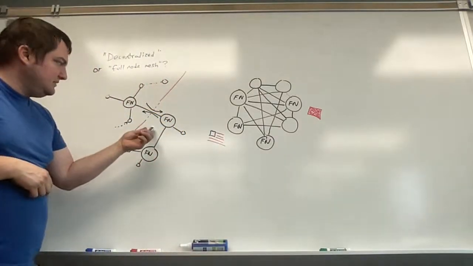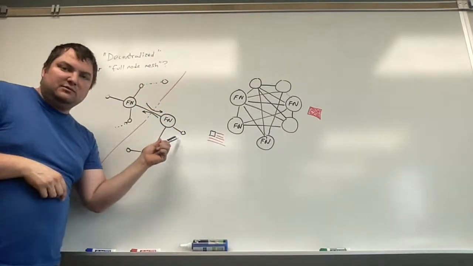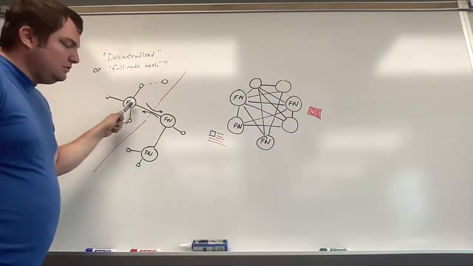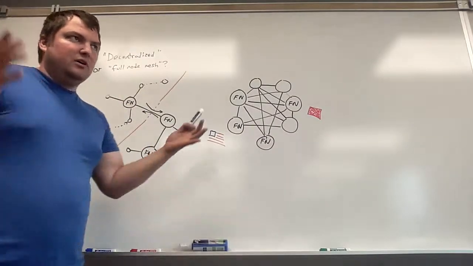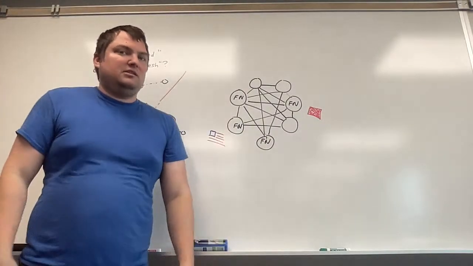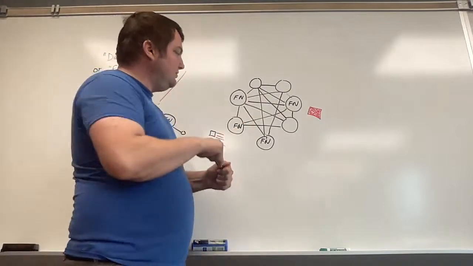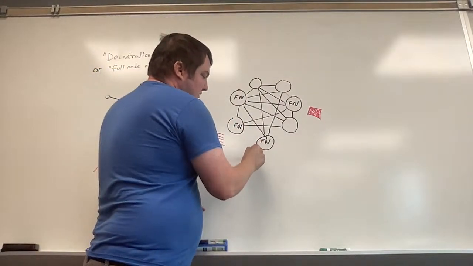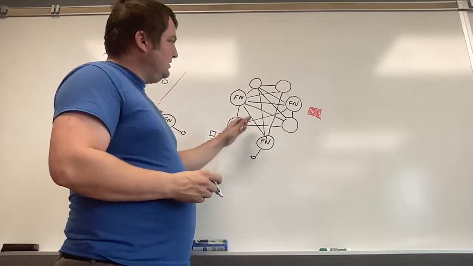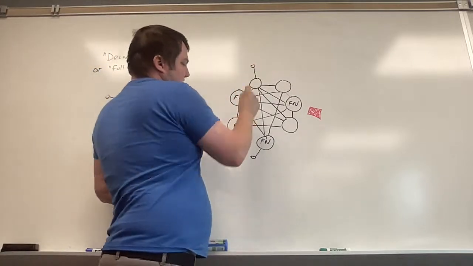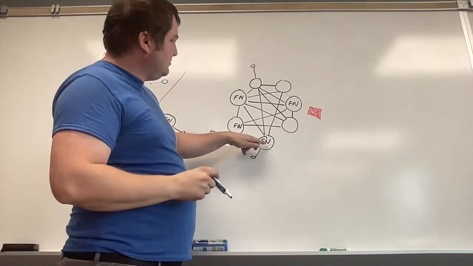In fact, this right here is centralized, because if you take out one of these two full nodes right here, you've already lost your connection to the other side of the network. Here, you connect to this side of the network. The only node that you have to trust here, if you're this peer, is this one and that one.